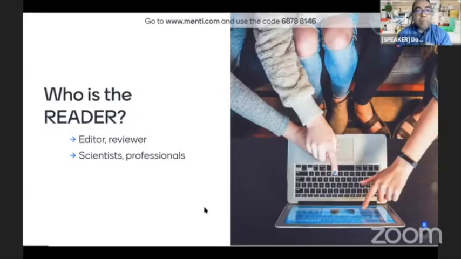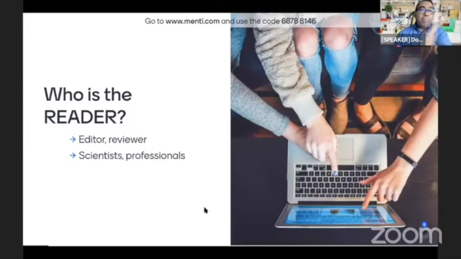So for example, ang paper ninyo is about biochemistry, and I am not a biochemist. I am a chemist. Sure, I know something about biochemistry, but I don't know a lot. So kailangan, when I read your paper, I should also be able to understand.